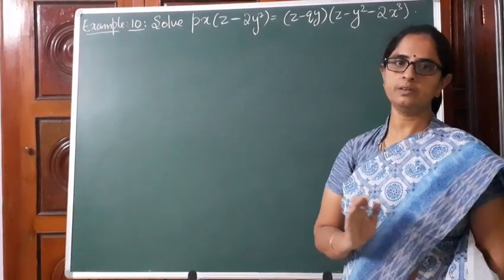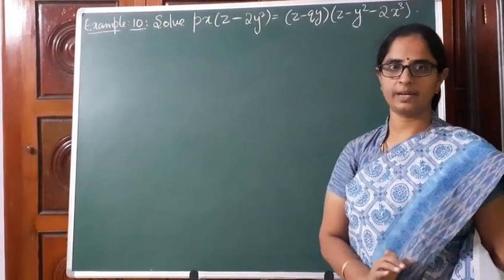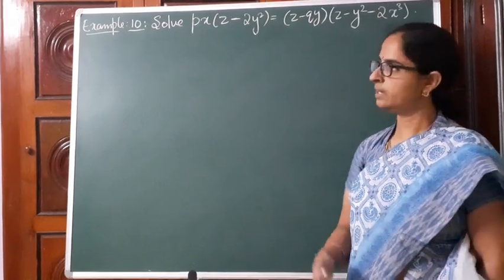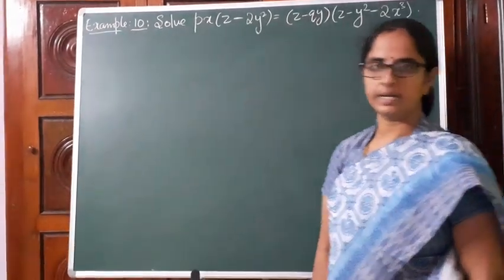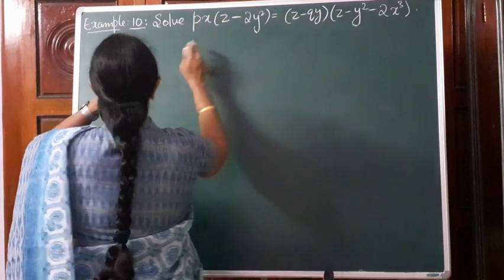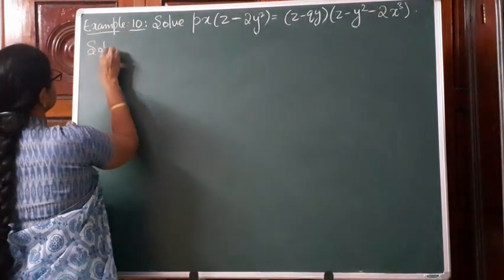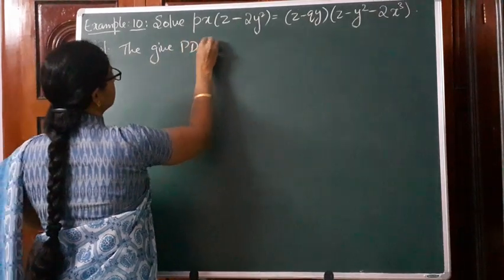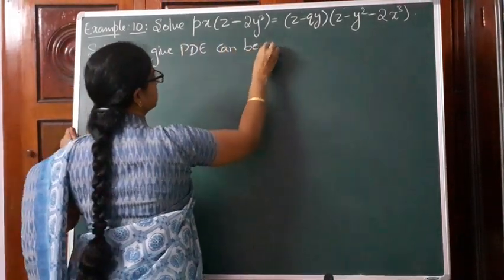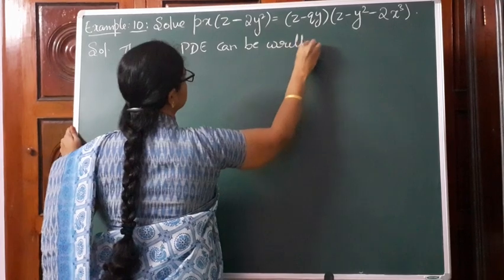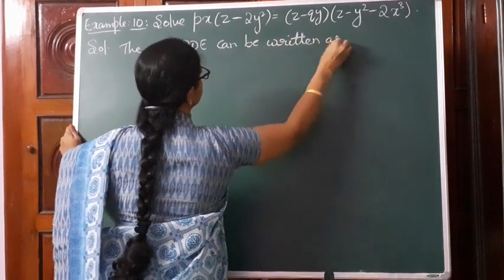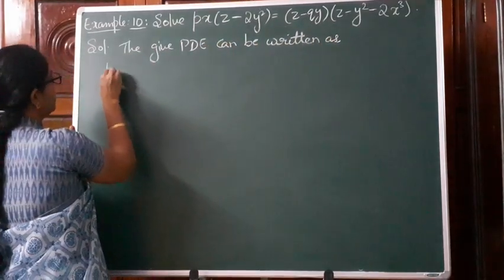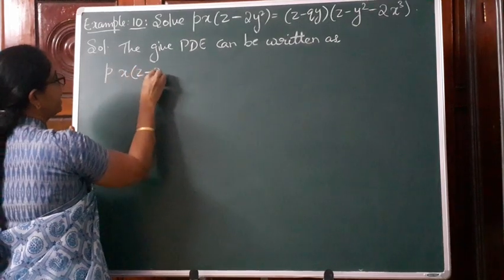So first we reduce this first order partial differential equation into the Lagrange's form, and then we take the auxiliary equations. So the given PDE can be written as p into x into z minus 2y square.